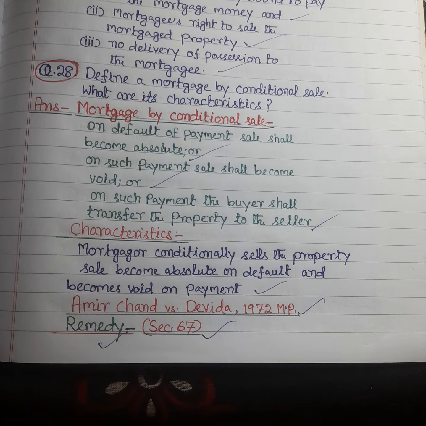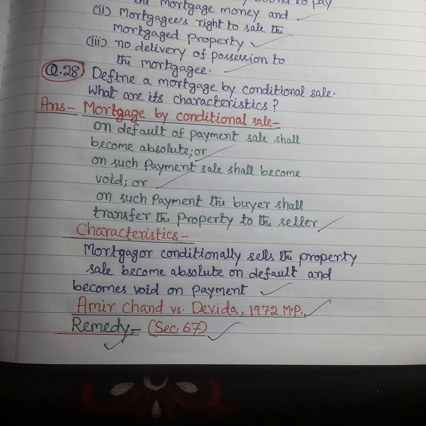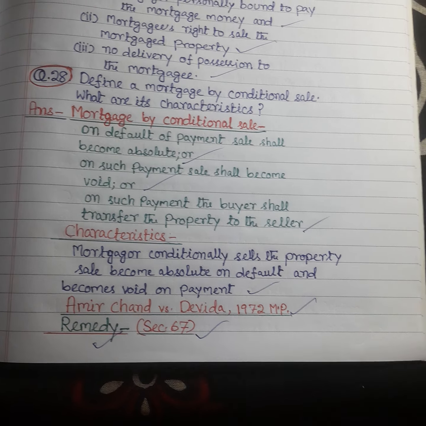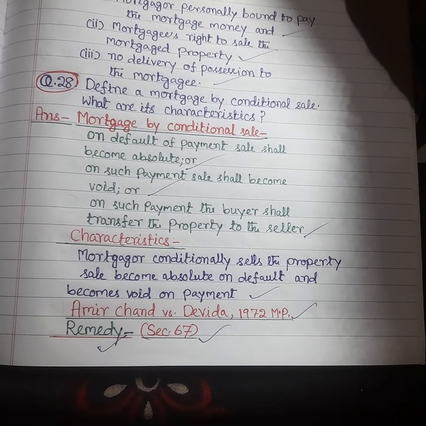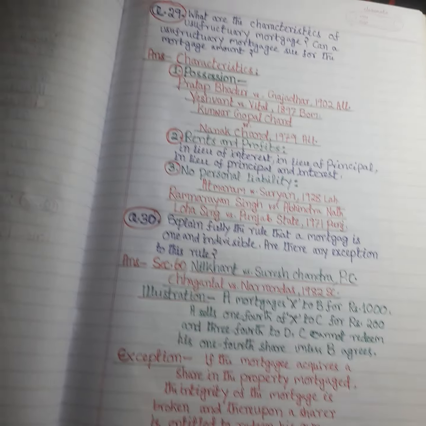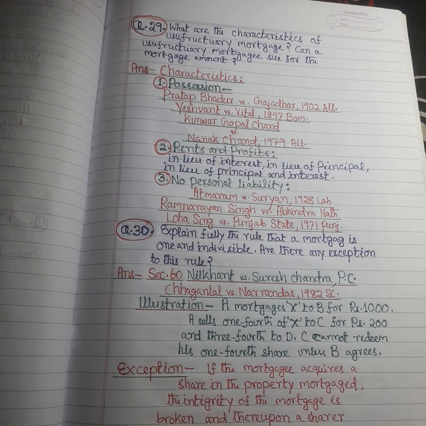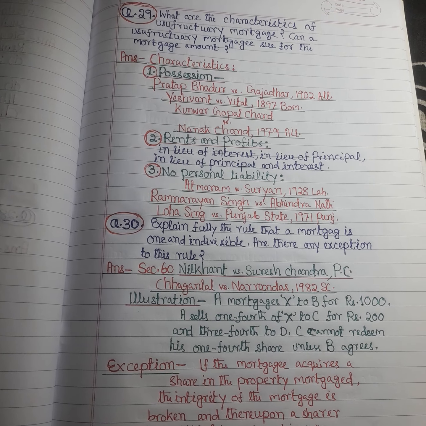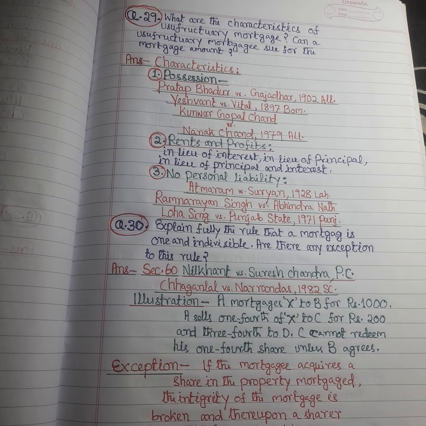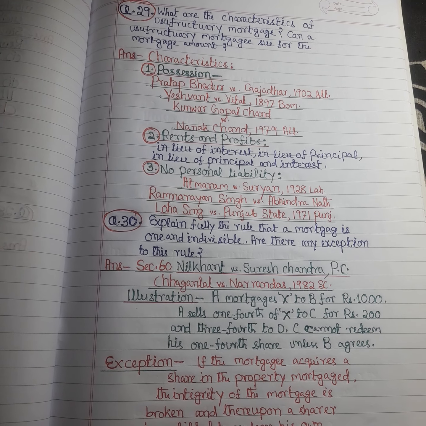So, we have finished up to question number 28, and in our next video we will discuss questions number 29 and 30. Question number 29 asks: what are the characteristics of a usufructuary mortgage?